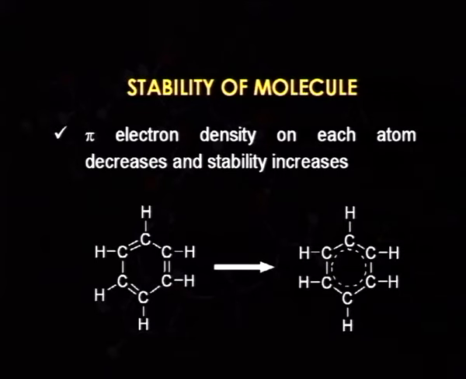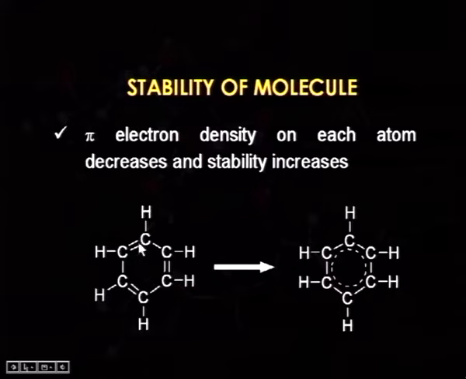Now, how can we understand the stability of benzene with the help of delocalized chemical bonding? As we expect here, if this double bond were strictly a double bond, then the electron density would be quite high. Here again the electron density would be quite high, but due to resonance, these 2 electrons plus 2 electrons here plus 2 electrons here get delocalized over the whole ring.